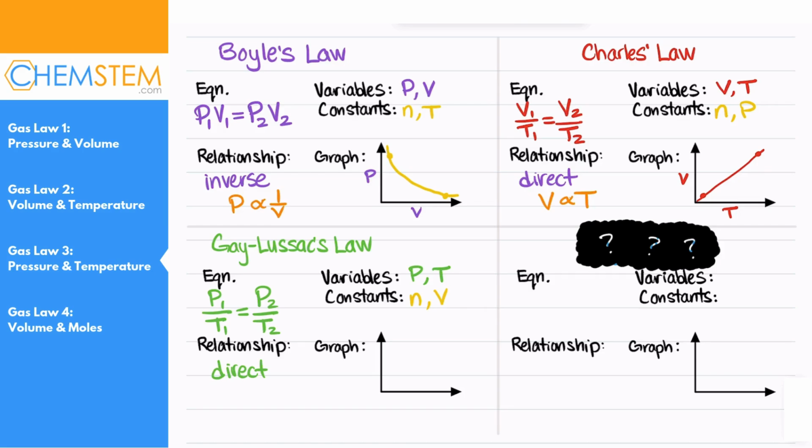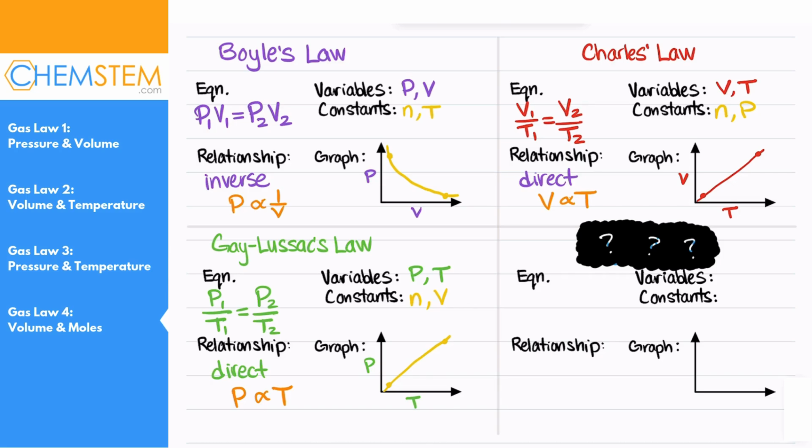The way that we would write that relationship between P and T is similar to Charles's law. We have P, this directly proportional to symbol, and then we have T. We could plot this with P and T on these axes, and it's going to take a similar structure as Charles's law. We have a low temperature and low pressure. We have a high temperature and a high pressure. We could connect them that way.